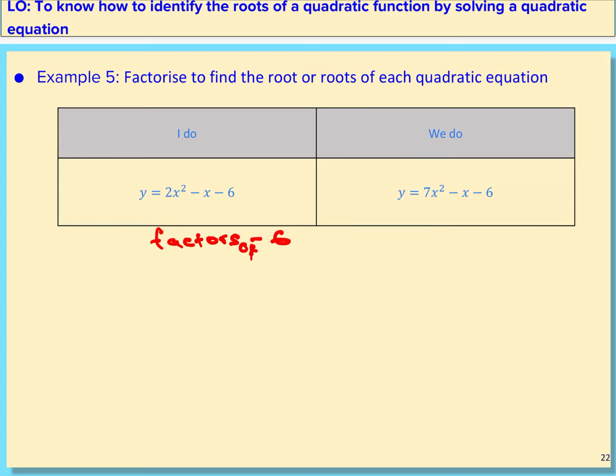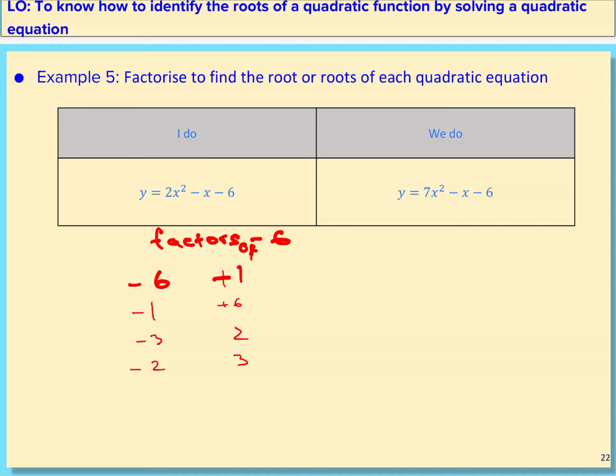Right, so let's try this one out. We're going to do the exact same step, looking at the factors of 6 that, when one of them is multiplied by 2, we get -1. So we're trying to find the factors of -6. We're going to have one factor that is negative and the other that's positive.